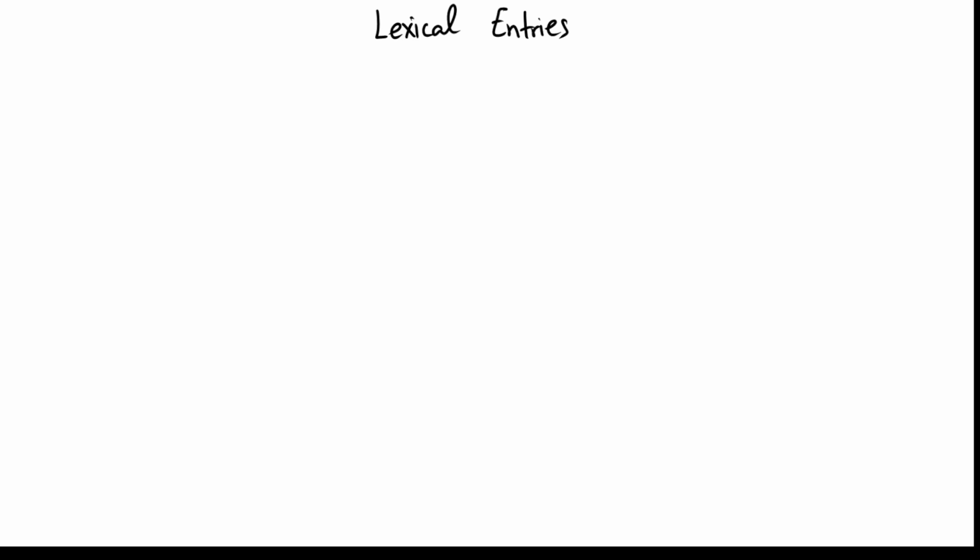So if we are using the Morpheme-based model, our lexical entries look a little bit different than if we're using the word-based model. So imagine I'm trying to model, or at least discuss, the word jump and the word jumping. So how these words are formed.